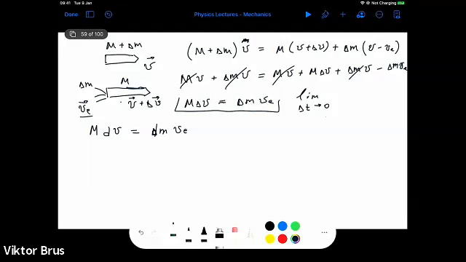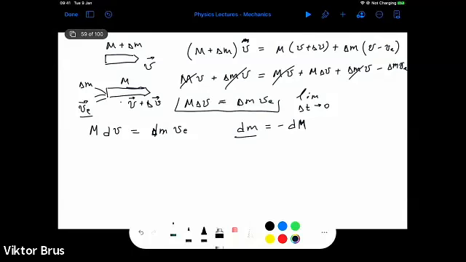In this case, we need to keep in mind that the small ejected mass dm is nothing else than minus dM, capital. The mass of ejected fuel from the rocket is equal to minus the change of mass of the rocket, because if we eject fuel, it means that we have less material in the rocket.